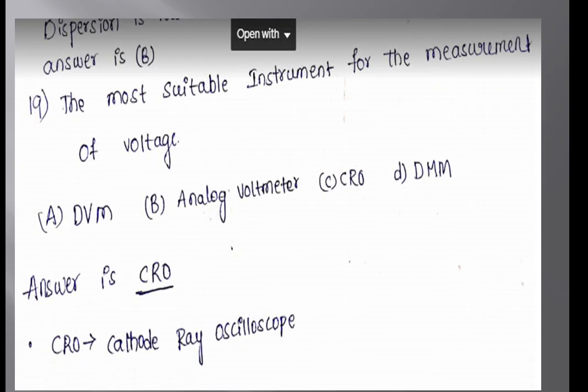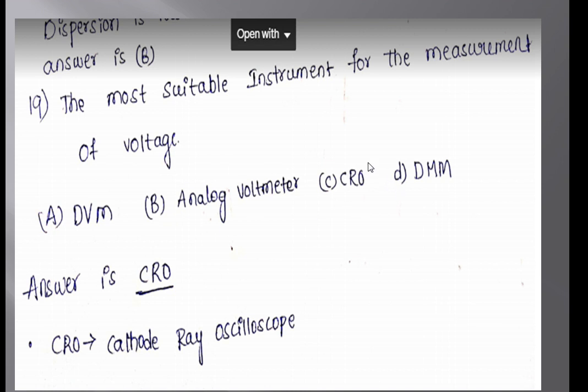The next question is the most suitable instrument for the measurement of voltage. The first option is digital voltmeter, the second is analog voltmeter, the third is CRO, and the fourth is digital multimeter. Digital voltmeter is used to measure voltage. Analog voltmeter is also used to measure voltage.